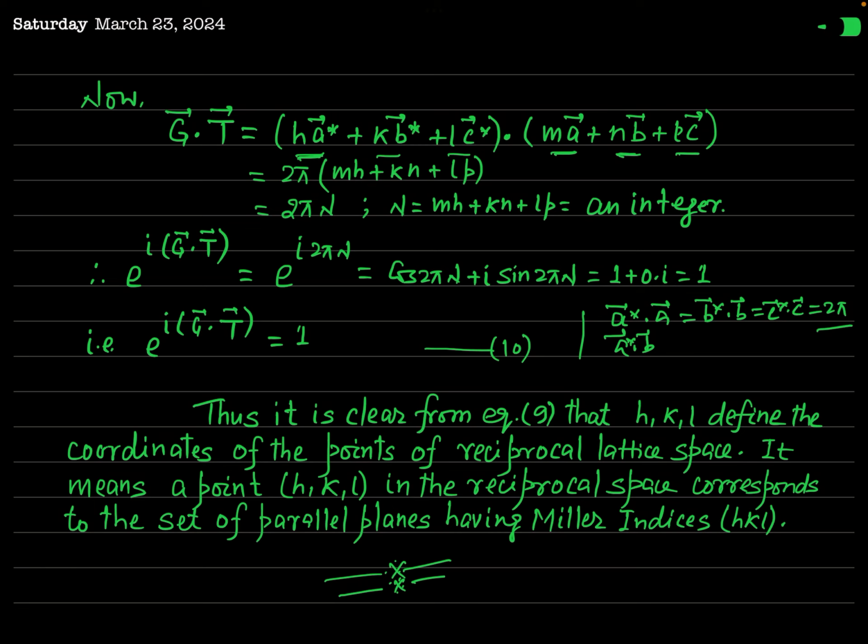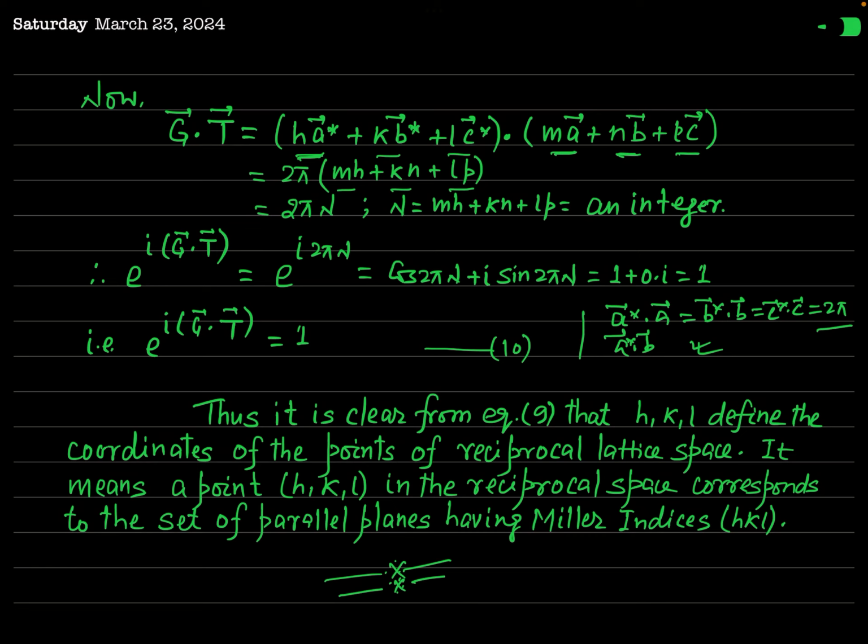You have just learned. So after taking the scalar product and utilizing the algebraic properties like this, you will get that this product will be equal to 2 pi times (mh plus kn plus lp).